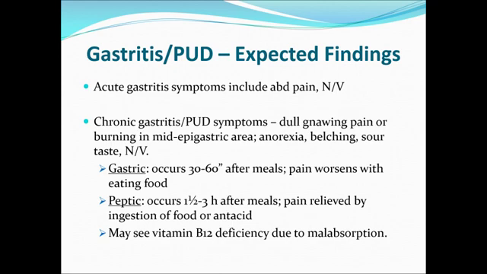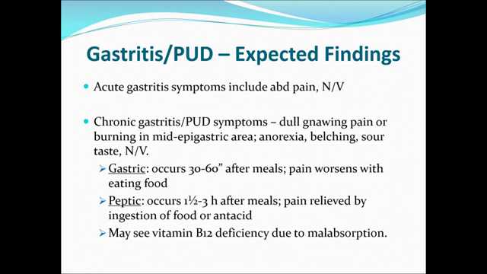It tends to be a dull, gnawing type pain, or even a burning in the mid-epigastric area. With these patients, you tend to see anorexia, meaning a decreased appetite. They may belch a lot. When they belch, they might have that sour taste, sour smell, and also nausea and vomiting.